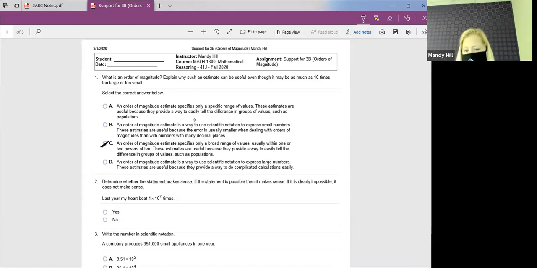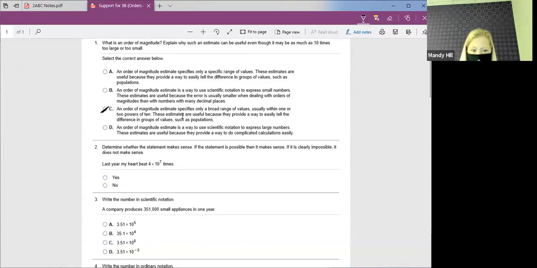These estimates are useful because they provide a way to easily tell the difference in groups of values such as populations. And I know that on the support, it gives you multiple chances. So that's kind of just a brief introduction to that definition.